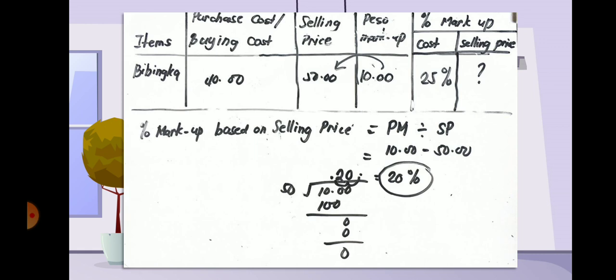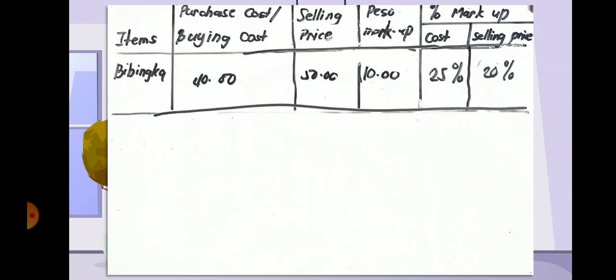So we have 0.20 or 20%. So you have the peso markup, 10 pesos, then the markup percentage based on cost is 25%, and markup percentage based on selling price is 20%.